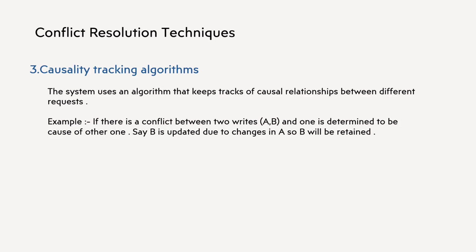Suppose there is a conflict between two writes, A and B. The algorithm will check whether A is the cause of B or B is the cause of A. For example, suppose B is changed because of A. Then we'll keep B and discard A. These algorithms keep track of the relationship between requests and try to determine which request is the cause of another write. So these algorithms can also be useful to resolve conflicts in multi-master replication.